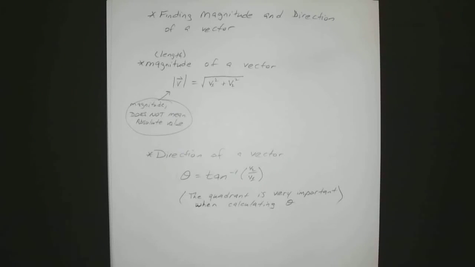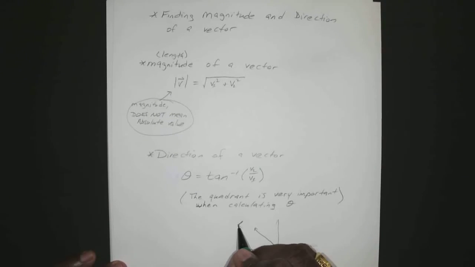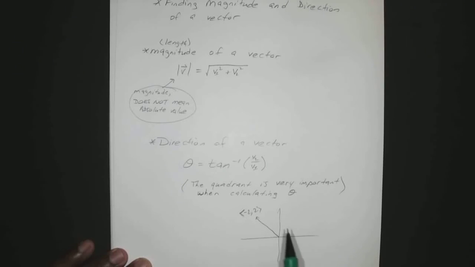Let's say if it's -1 in quadrant 2, then you could have a vector of -2, 2. So your theta could be, say, 120 degrees.